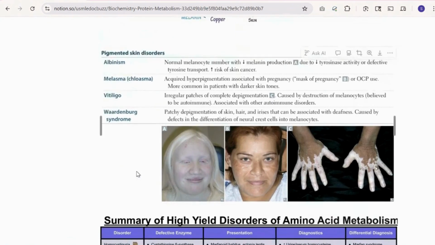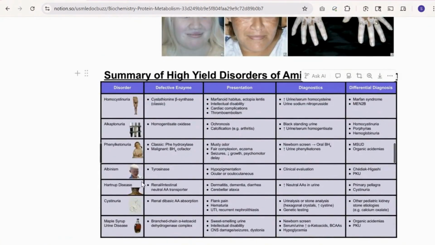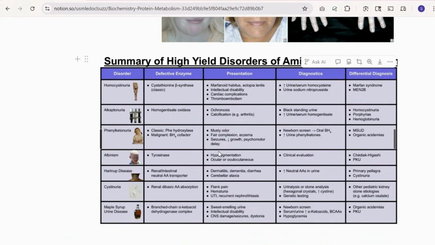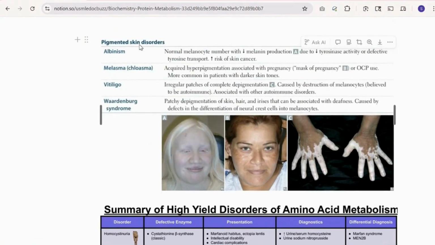There are a couple more differentials, but this will definitely be your top four, right? If it's to do with inborn errors of metabolism, I've given you this high yield table: albinism, Chediak-Higashi, which is an immunodeficiency problem, and then phenylketonuria, which we discussed, right? So if they ever say albinism or patchy, hypopigmented skin, this is what you're looking for.